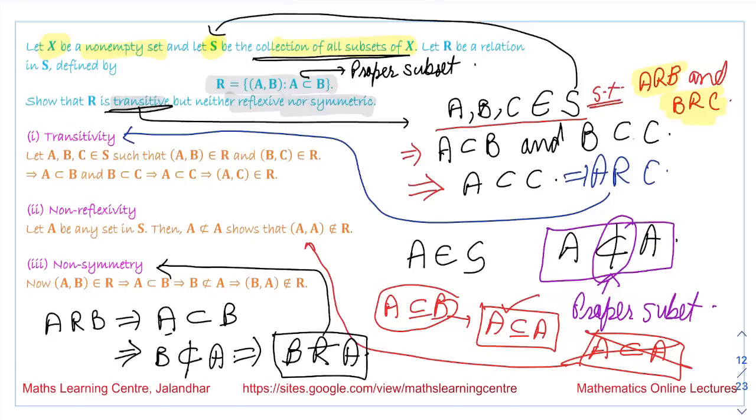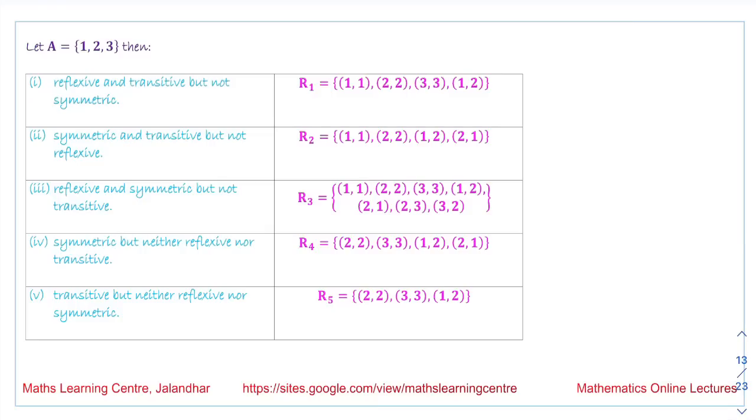Next, we have to give the examples of the relations. First is a relation which is reflexive and transitive but not symmetric. So suppose A is the set {1, 2, 3}. Then we define a relation on this set, R1, which is basically a subset of the Cartesian product.